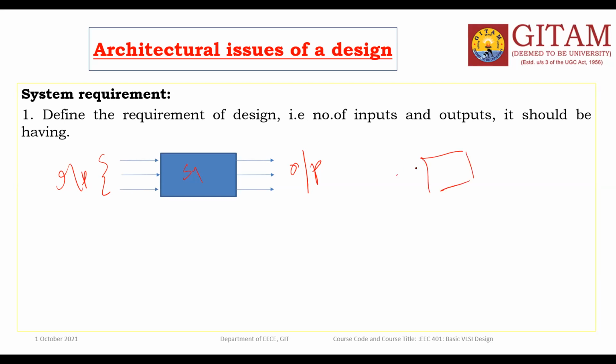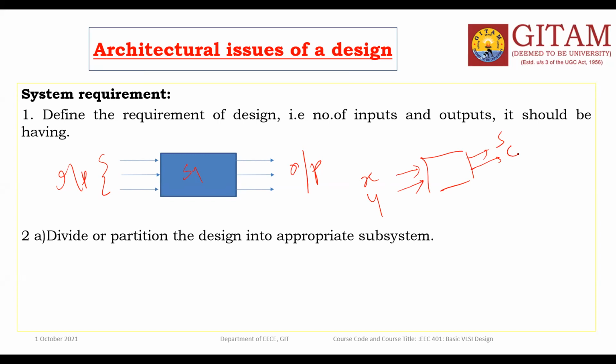A half adder definitely needs 2 inputs and 2 outputs. Inputs may be X and Y, and outputs may be sum and carry. So, define the requirement of the design first: how many inputs there are and how many outputs you are expecting.